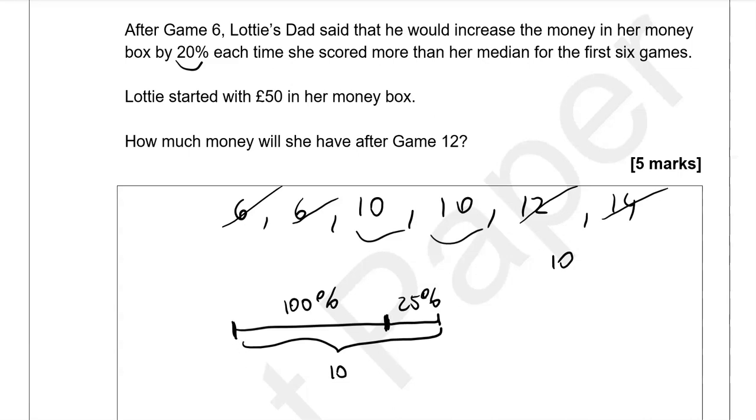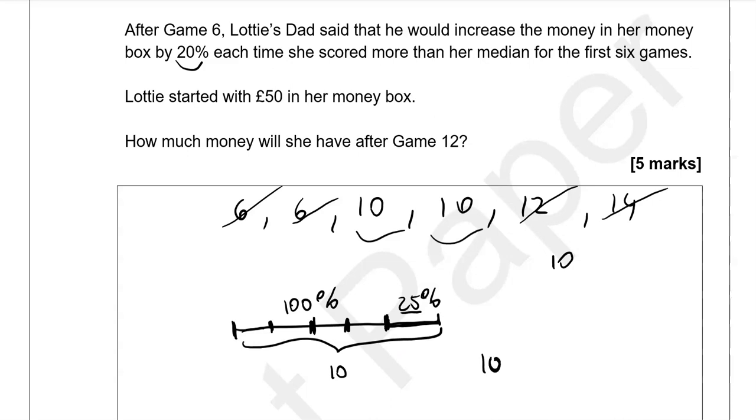Now, with a calculator, you do perhaps a different method, but we can try and figure out how many 25s would fit into 100. So we get equal divisions. So we'd have 5 lots of 25% for the whole thing.